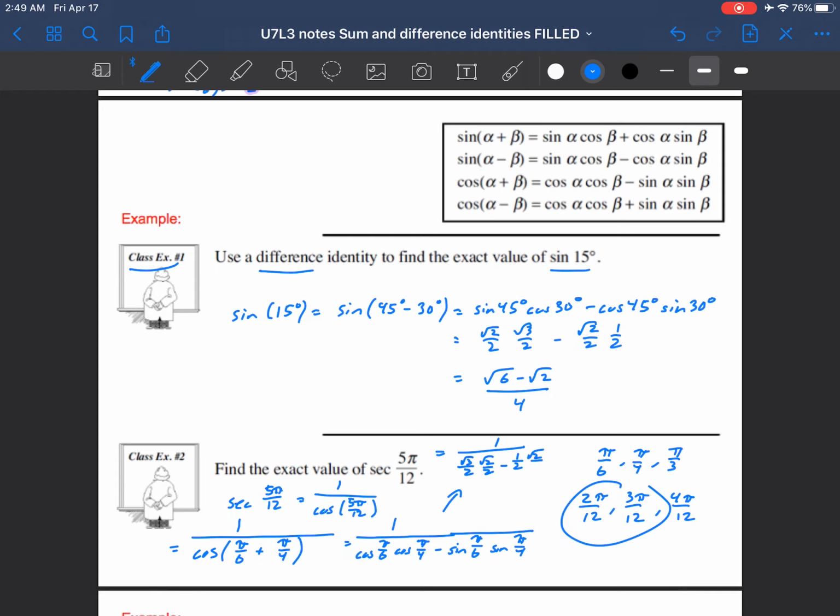And sine pi over 4, that's root 2 over 2. So this is equal to, and I'm not going to bother simplifying because that's not really what we're looking at here, 1 over root 6 over 4 minus root 2 over 4. So messy answer again, but the secant of 5 pi over 12 is that.